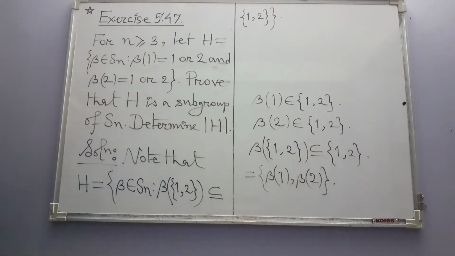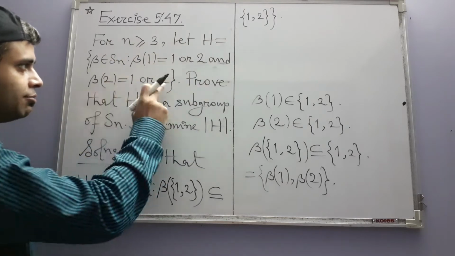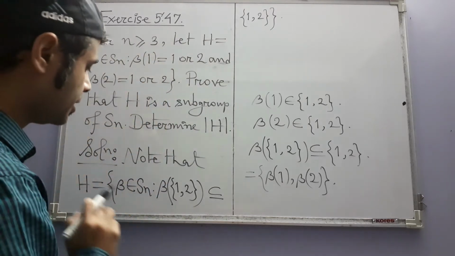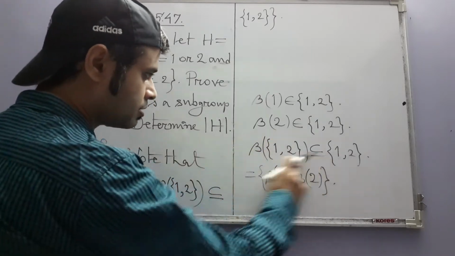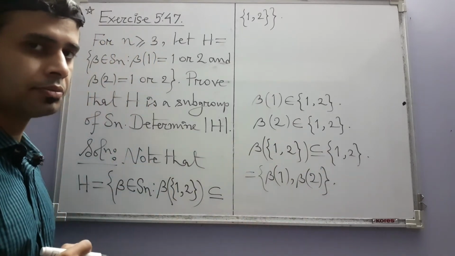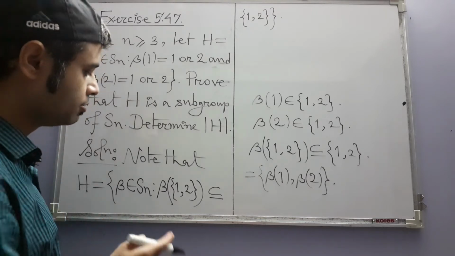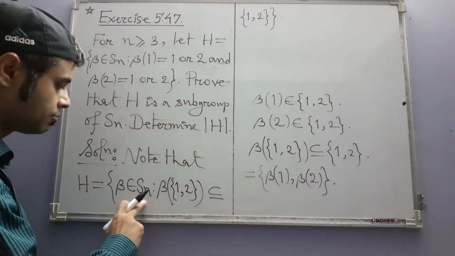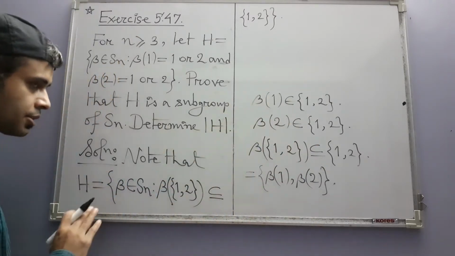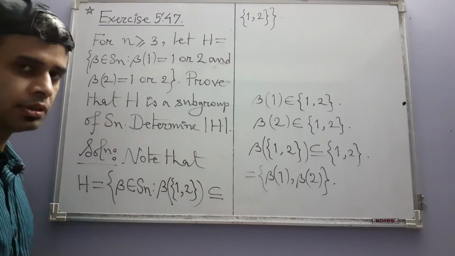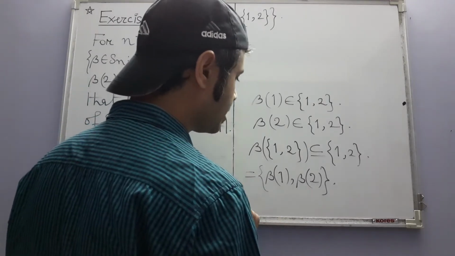So that means if we are choosing a beta from this given definition of H, then that beta also satisfies this containment relation. But is the converse true? Because if the converse is not true, then we cannot say that H is equal to this. With only this much, we can just say that H is a subset of this. But the converse is of course also true. Why is that so?